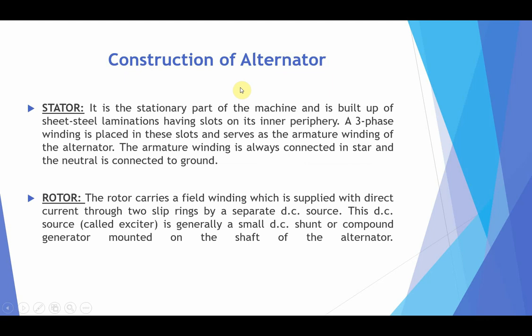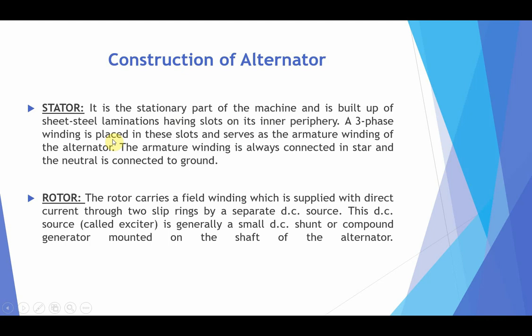Now, construction of alternator. In an alternator, there are two basic parts: stator, that is stationary, and the rotor, that is rotating. Stator is the stationary part of the machine and is built up of laminated sheet steel, in order to reduce eddy current and hysteresis losses, having slots on its inner periphery.